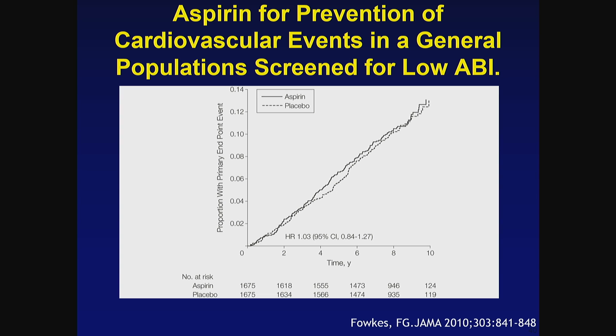This was in a study where patients were invited to undergo screening ankle brachial index testing, and patients who had an abnormal ABI were then randomized to aspirin or placebo only, and followed subsequently monitoring for major adverse cardiovascular events, only to show that there was no significant difference in the incidence of these events in these patients, whether they were taking aspirin or placebo.